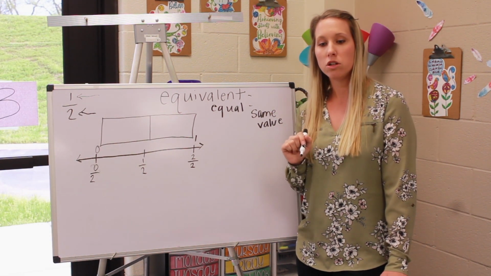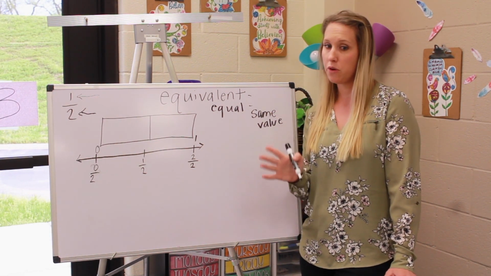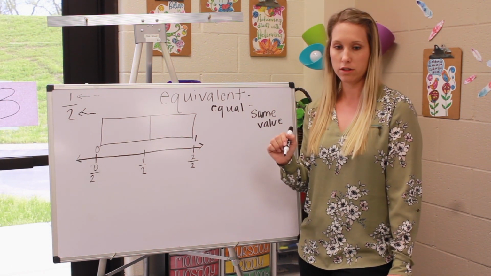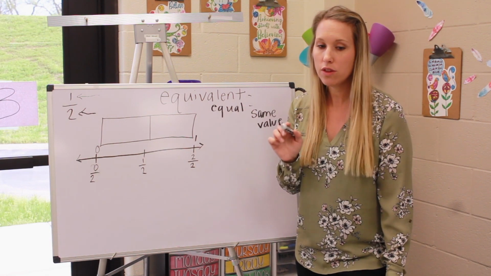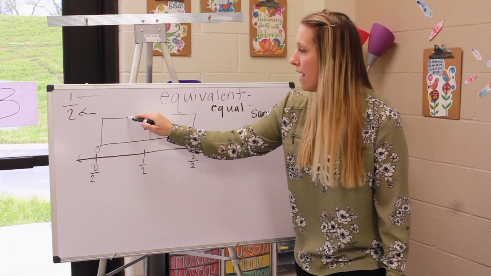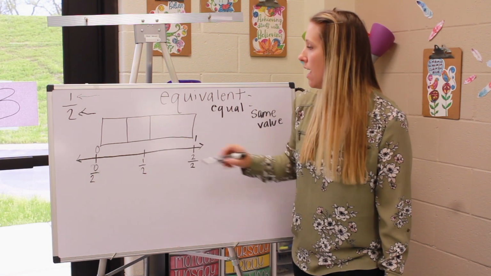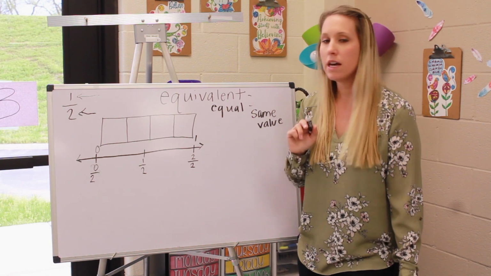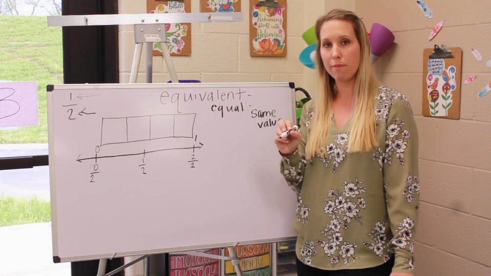This time, I want you to partition or divide your rectangle into 4 equal parts or quarters. In order to do that, we are going to have to cut each half in half. Now I want you to do a quick write on your paper.